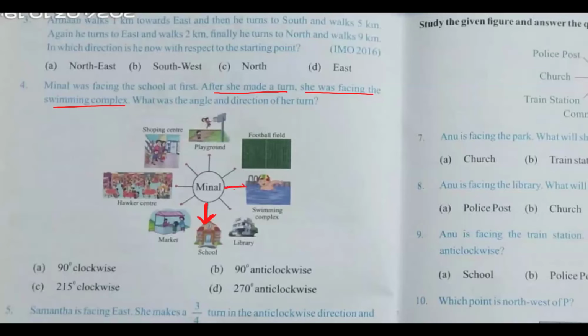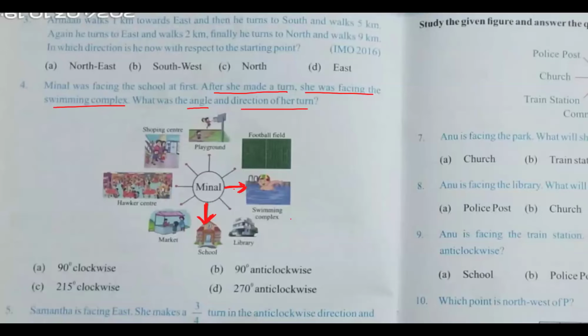It is over here. Now we have to tell the angle and direction of her turn, by what angle she moved in order to reach the swimming complex, and whether clockwise or anti-clockwise.